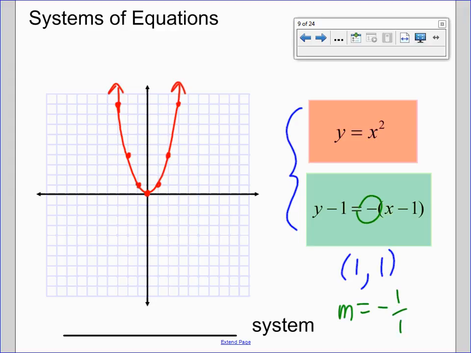And so I could plot this graph without rearranging that second equation simply by plotting the point (1, 1) and counting out my slope number as a fraction, rise over run: down 1 over 1, down 1 over 1, down 1 over 1, and so on. I can even count backwards if I'm careful. It's pretty sweet.